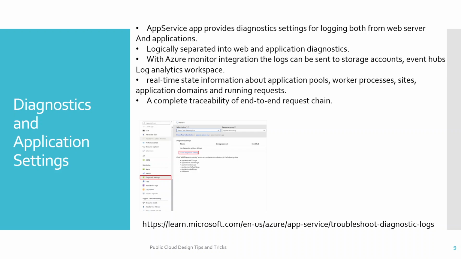It can be a storage account, Event Hubs, or a Log Analytics workspace. Real-time state information about application pools, worker processes, sites, application domains, and running requests can also be captured. In a way, it provides you complete traceability of the end-to-end request chain.